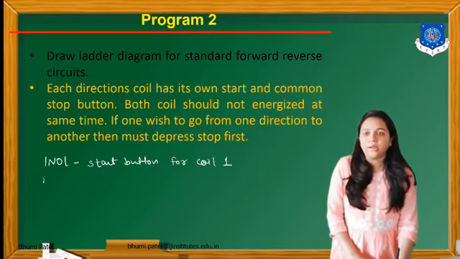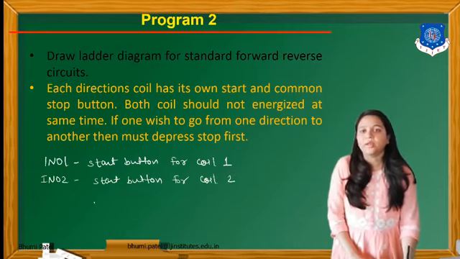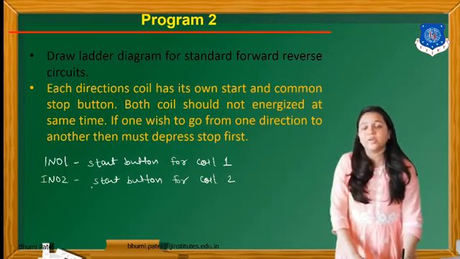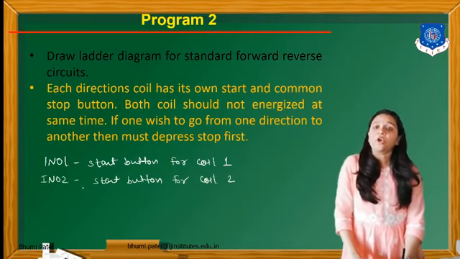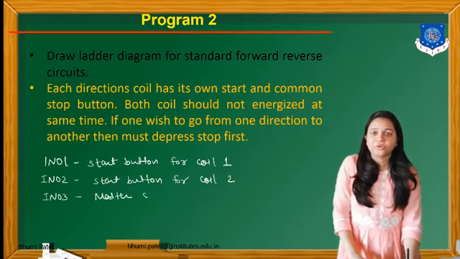And IN02 is my start button for coil number 2. Now each direction coil has its own start button, which means we can put here 2 start buttons and a common stop button. So we can take another button, IN03, that is the master or common stop button.